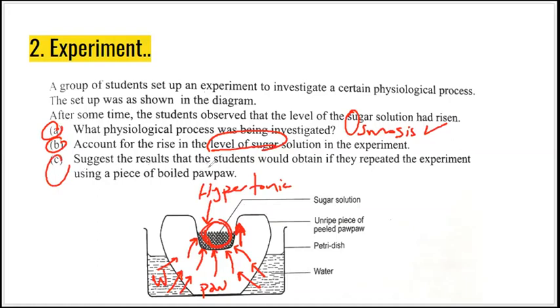And C, state the results students would obtain if they repeat the experiment using a piece of boiled potato. Boiled means the cell sap in that potato is killed, so it won't be able to show the function of the semi-permeable membrane. So there will be no change in the volume of water or sugar, and no osmosis will take place.